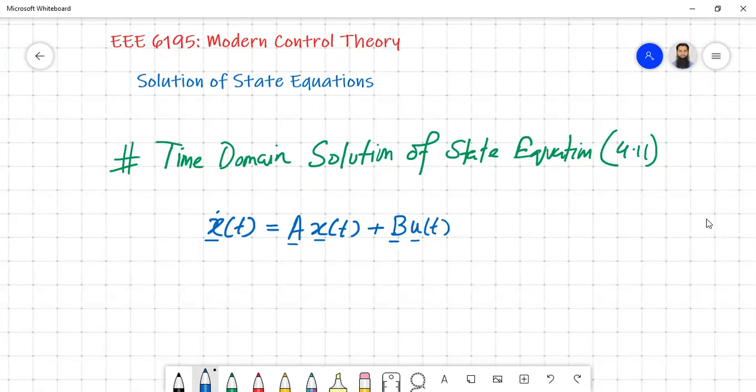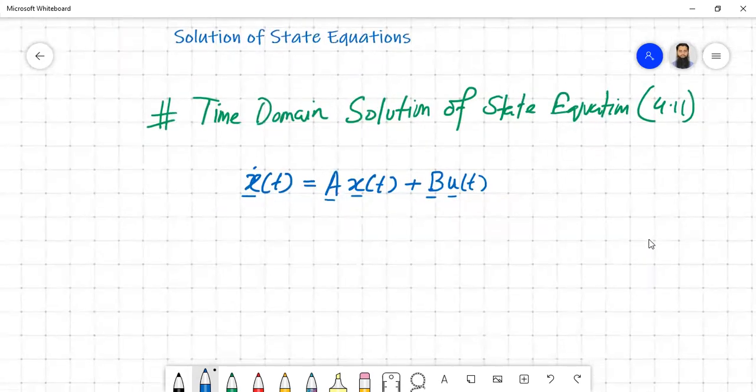We can also have a MIMO system, multiple input, multiple output. Bottom line is, even though we are avoiding the lines under the characters, always remember these are either vectors or matrices: A and B are matrices, and x dot, x(t), and u(t) are vectors.